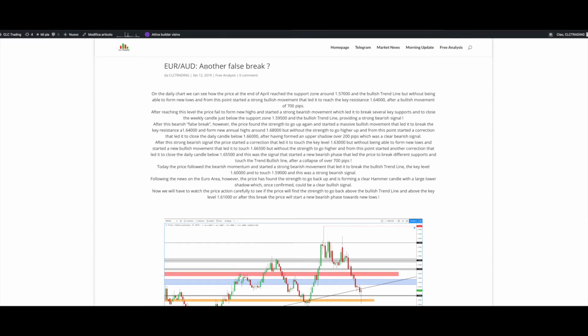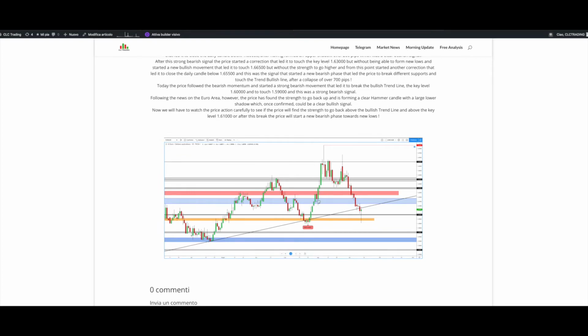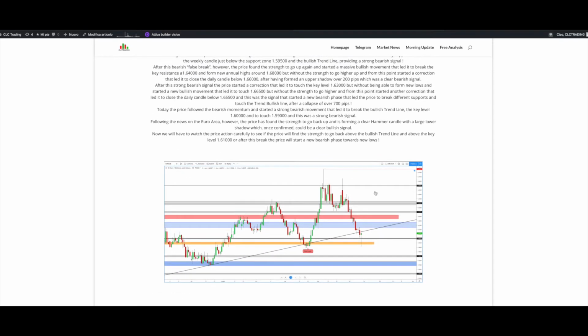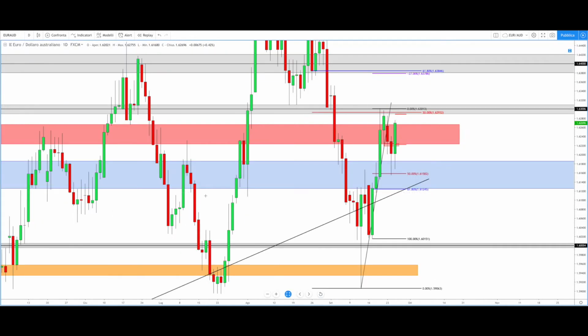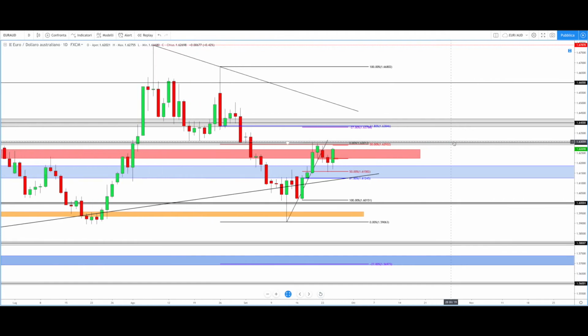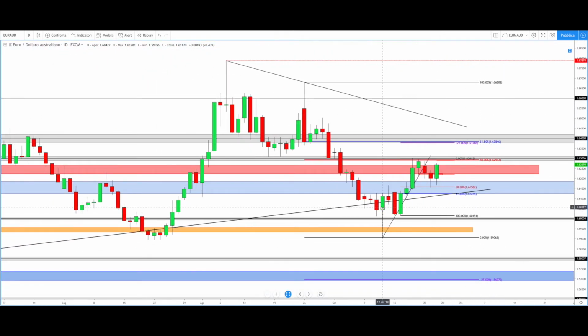We can see Euro Australian dollar, another false break with our analysis, and we can see on the daily time frame that after this false break I expected a new bullish phase here, and we can see on the Euro Australian dollar on the daily time frame that the price after this false break has really started a new bullish phase and has reached 1.63, and from this point, if you took and followed my analysis, you could possibly have taken a good profit, 180 pips completely free profit, shared with you in my free analysis section.